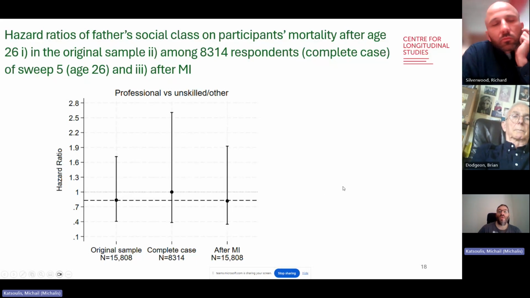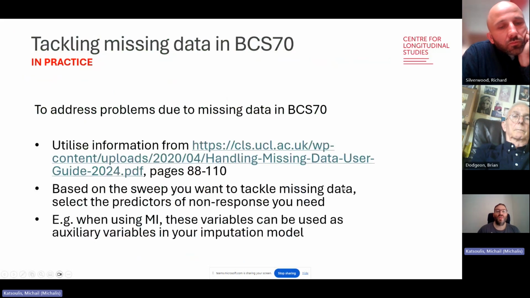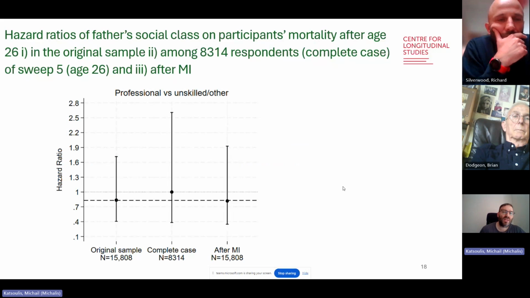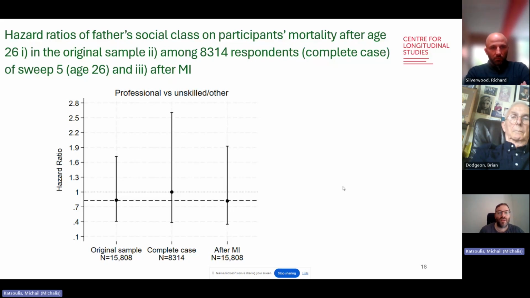0.8. So this is an indication that in these three completely different examples, the first two were about restoring representativeness and seeing the distribution of a variable, and the third one, again from an internal validation, was to see the association or the effect, depending on the analysis, of our exposure on our outcome.